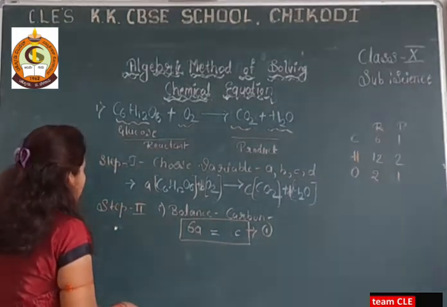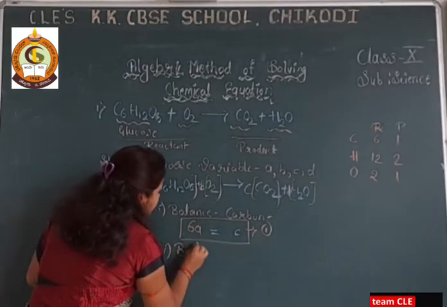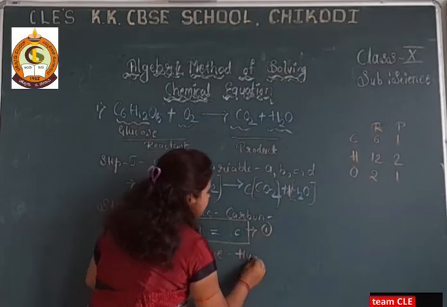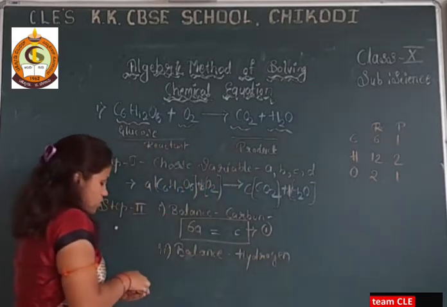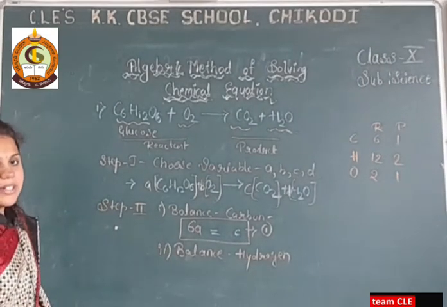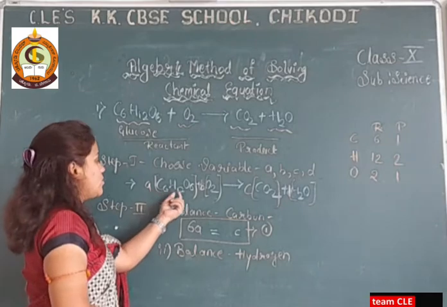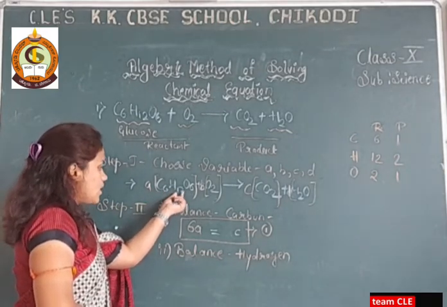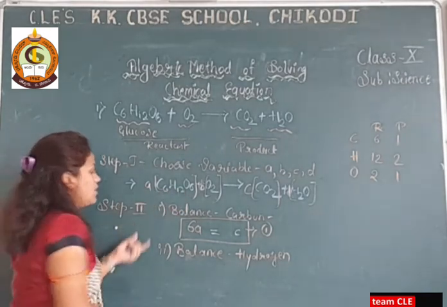Now go for balance hydrogen. As I told you, don't go for the chemical representation; only check how many hydrogens are present. Here 12 hydrogens are there. So 12 you multiply with the variable, that is 12A.